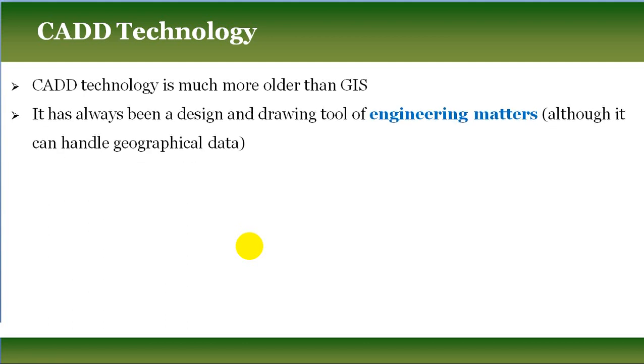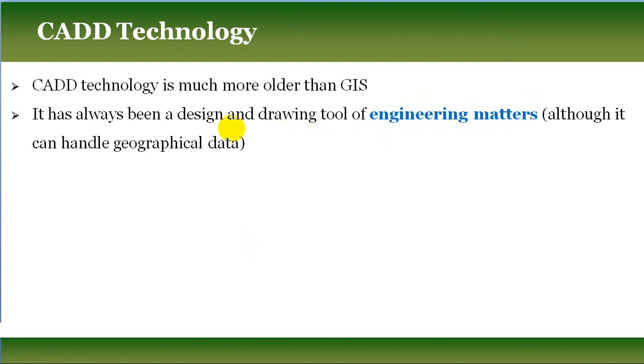It has always been a design and drawing tool for engineering matters: mechanical engineering drawing, civil building drawing, bridge drawing, electrical drawing, antenna drawing. So that's the main goal of CAD technology, to handle engineering matters like drawing and design.